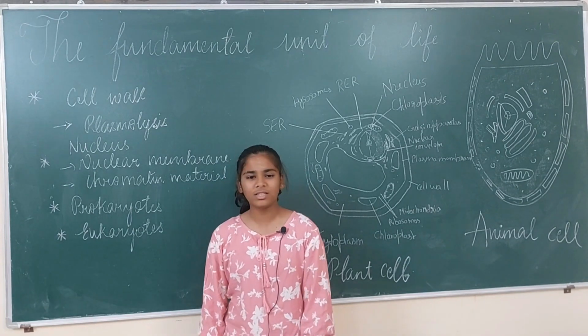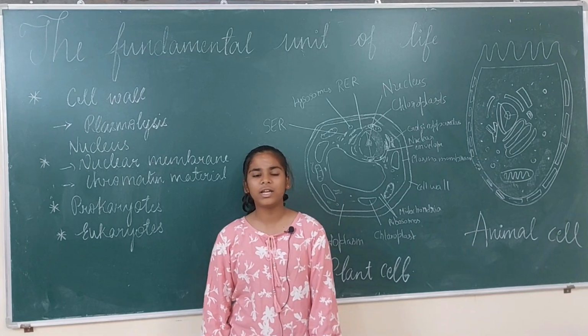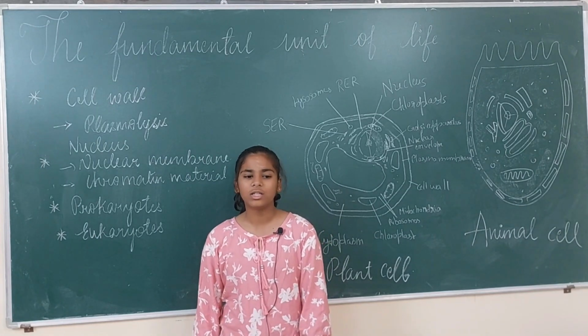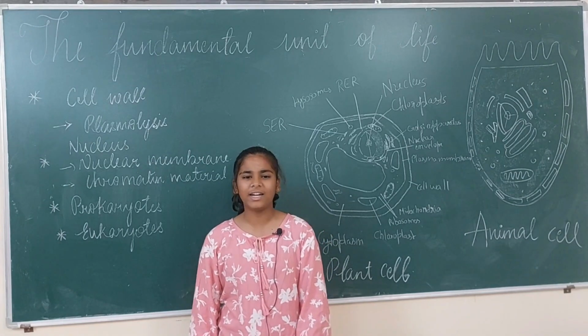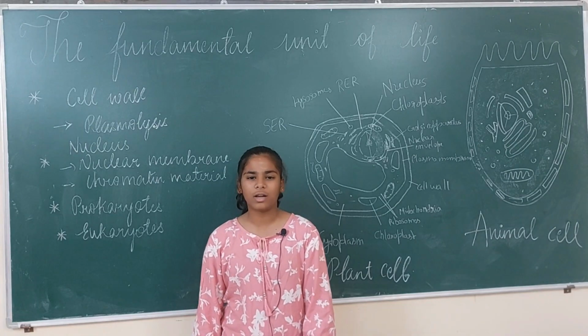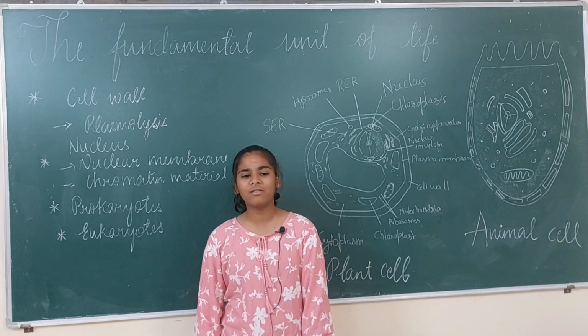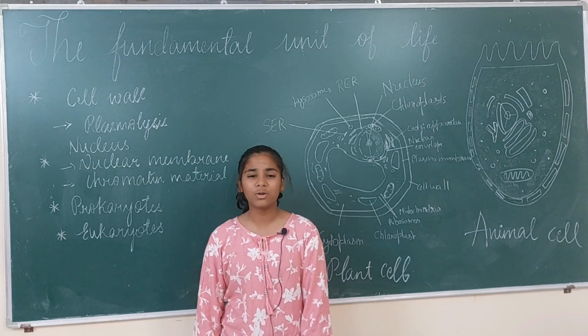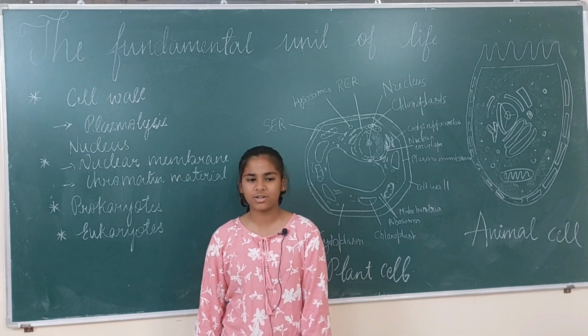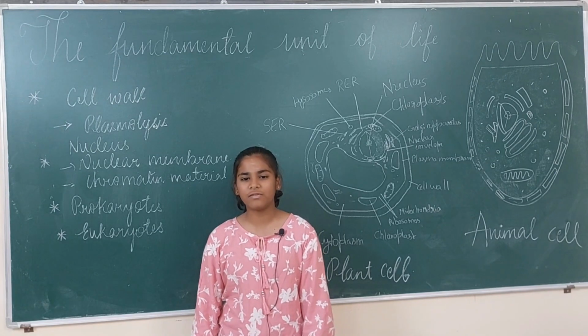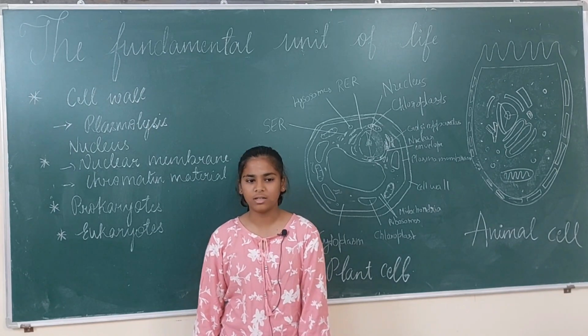Nucleus. The nucleus contains a double layered covering which is called the nuclear membrane, and it is helpful to transport the materials. Chromatin material. The material which looks like entangled thread-like structures before the cell division is known as chromatin material.